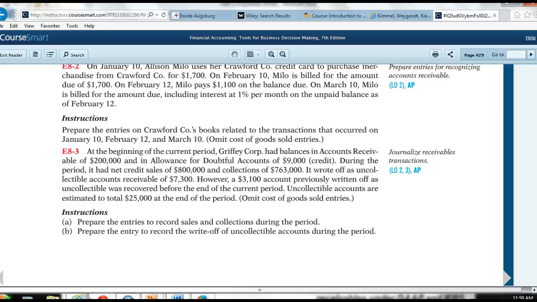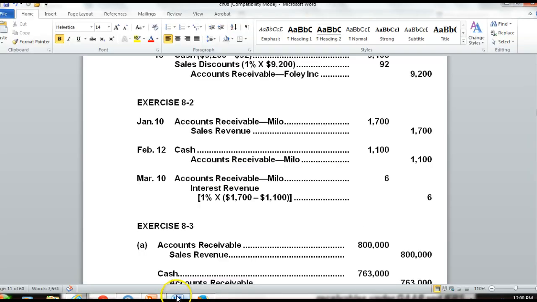And in addition, we're going to need to show that the uncollectible accounts need to be estimated at $25,000 at the end of the period. So we're going to need to determine what our bad debt expense is, we'll need to adjust our allowance for doubtful accounts to show that $25,000 at the end of the period after we take into account some of these entries here. So let's look at this problem. This is a great one to go through to see the process.